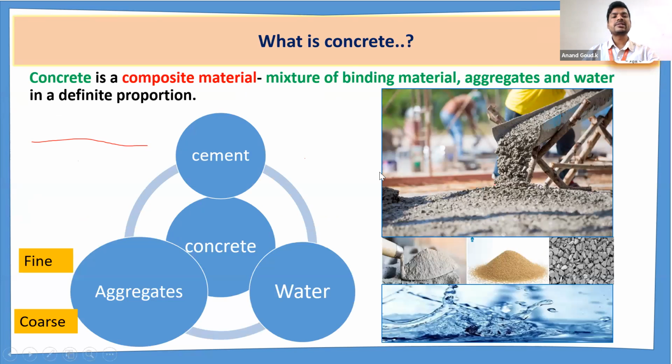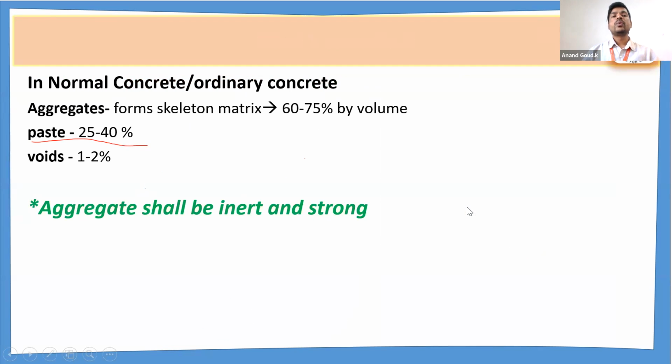Normally we are going to add cement, aggregates, and water, right? So when you add water into the concrete, you will be getting a paste. Other than aggregates, you can observe a paste-like material, right? Cement and water mixture is called a paste. So what is the quantity of the paste in 1 unit of concrete? Here 25 to 40 percentage.